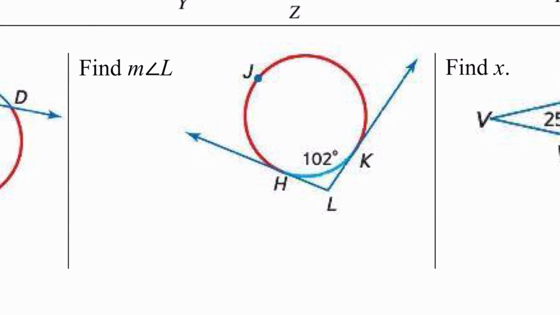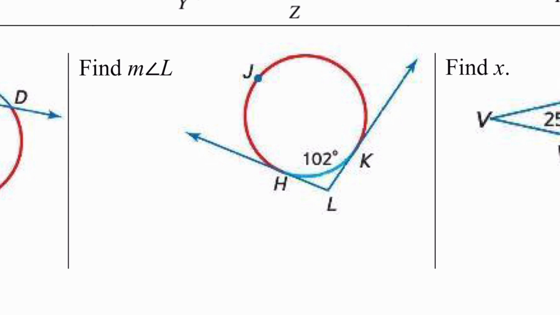Let's figure out the measure angle L. Okay, so this is a little weird because we're trying to figure out this angle here, and we know how long this arc is, but we don't even know what this arc is, right? But what I like about this is that we're dealing with a tangent-tangent situation.